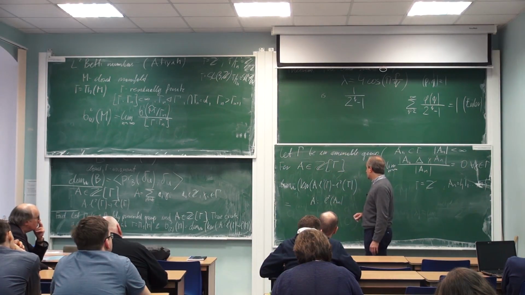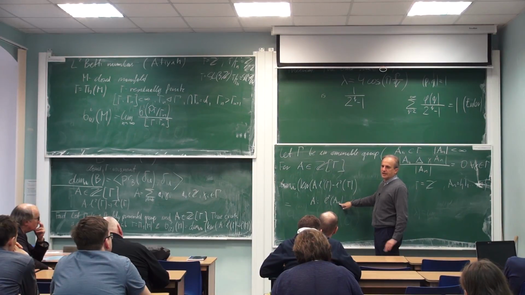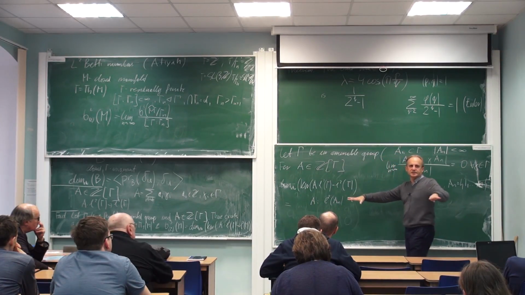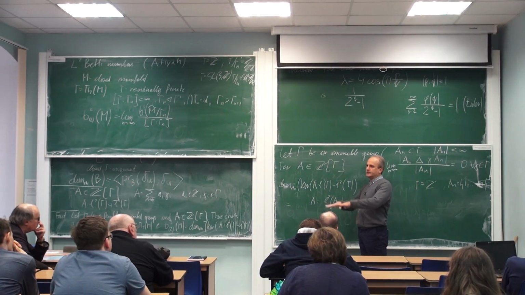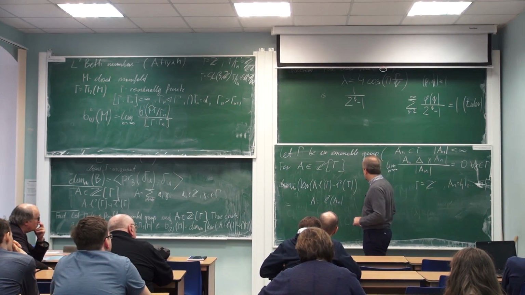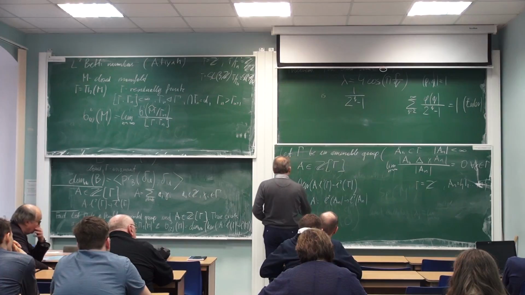So A will act here as follows. If we take a function on the subset A_n, we extend it by 0 to the whole group, we apply A, and then we restrict again to A_n.